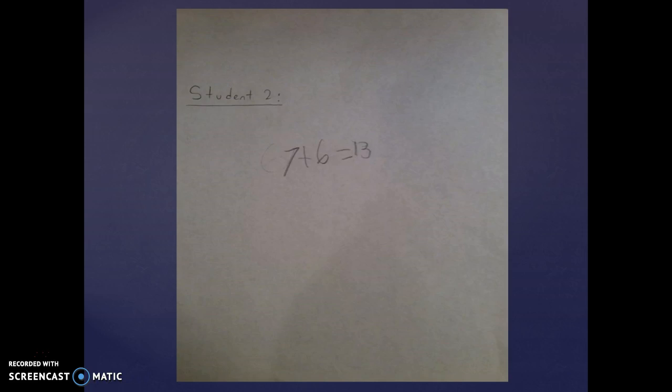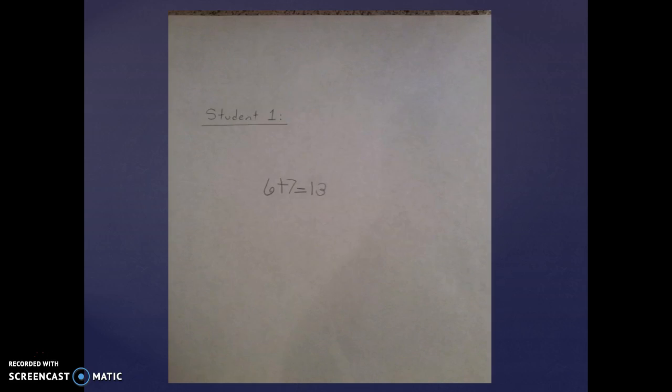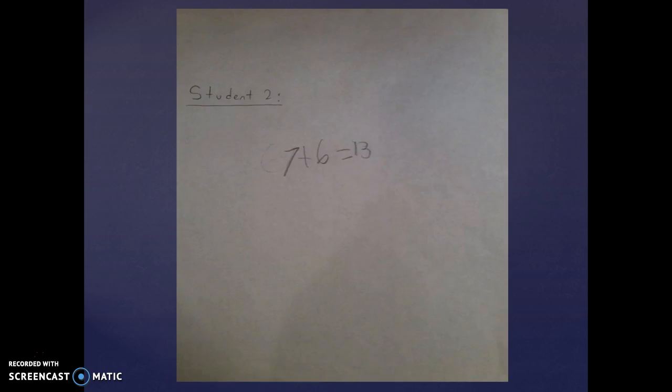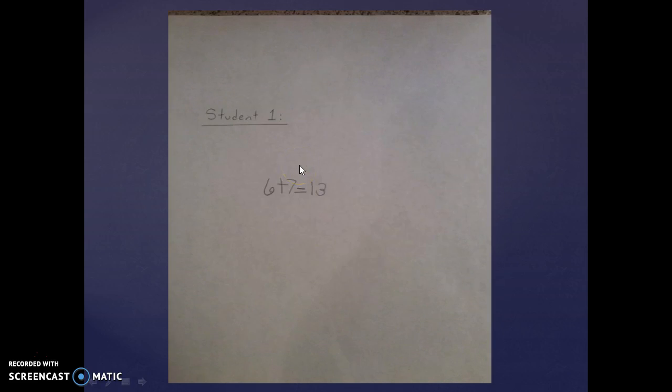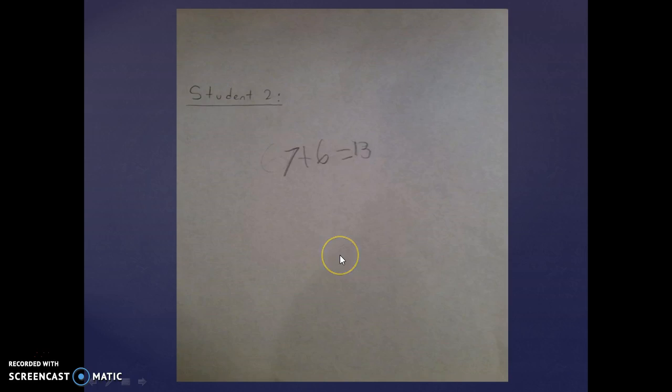Now, to compare the work of the students, both students, student 1 and student 2, used the correct numbers, 6 and 7, the correct operation of addition, and were able to get the right answer of 13 to the word problem.